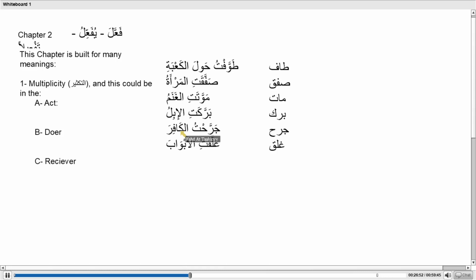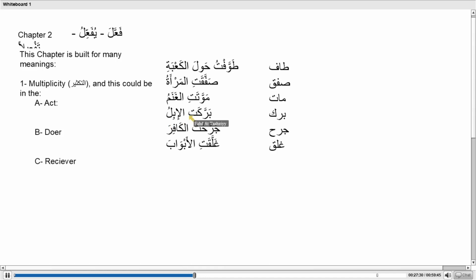May Allah bless us with a valid jihad one day. A valid one, huh? So, جرحت الكافرة, you want to say that I left many wounds in the kafir, the disbeliever. So you say what? You double the ain, and you say جرحت الكافرة.